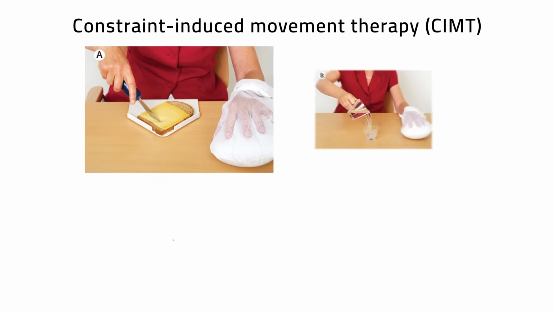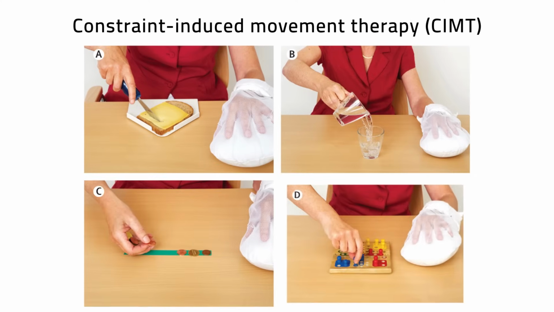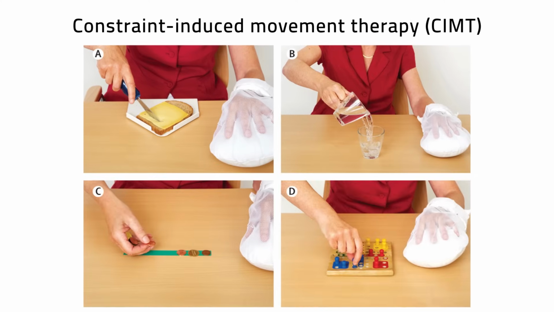And I promise you, all of this is going to make sense when we get to some potential opportunities for the direction of where neurologic rehabilitation could go as far as arm rehab. Constraint-induced therapy is another therapy that's based on rebalancing theory.